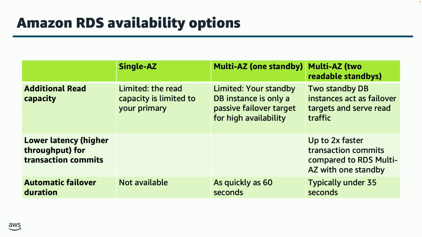So if your whole AZ goes down, you need to wait for it to come up. With multi-AZ with 1 standby, you have a standby which acts as a failover target in a different availability zone, but you don't have access to it. The failover time normally takes 60 to 120 seconds, so mostly 2 minutes. With multi-AZ DB clusters with 2 readable standbys, as we've seen in the demo, typically it is less than 35 seconds.